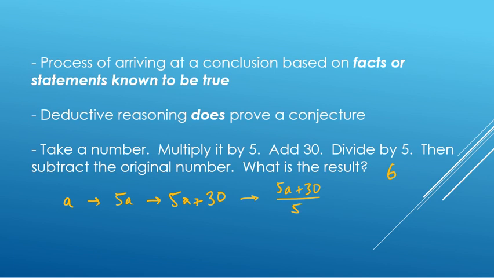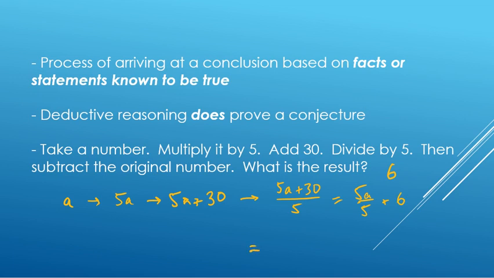And now, using our basic division properties and how we divide the sum of two things, this is equal to 5a over 5 plus 30 over 5, which is 6.